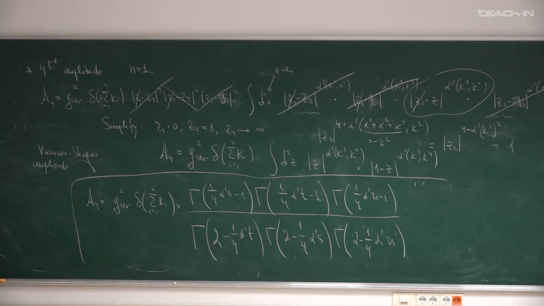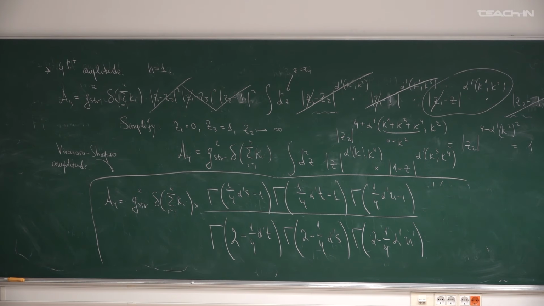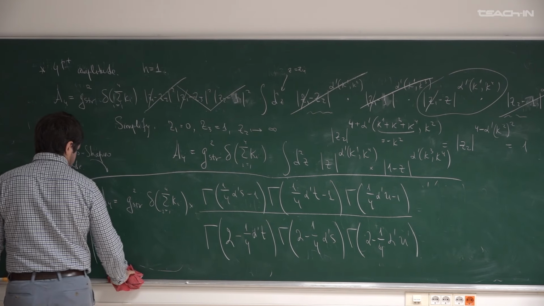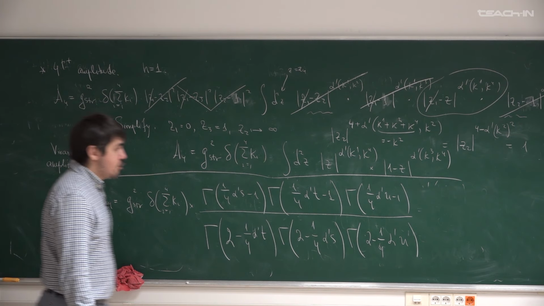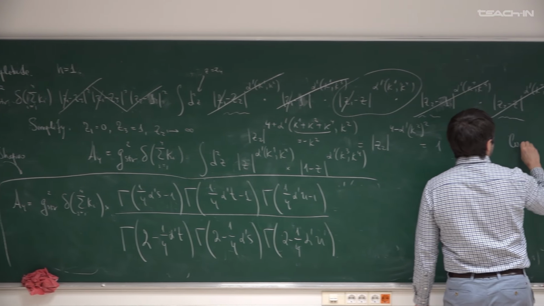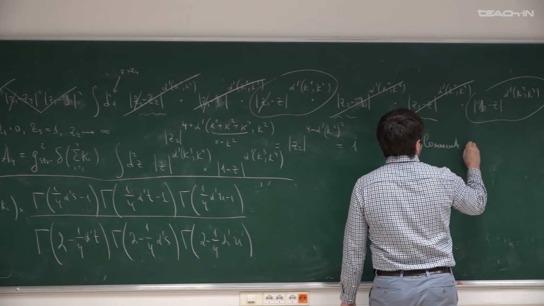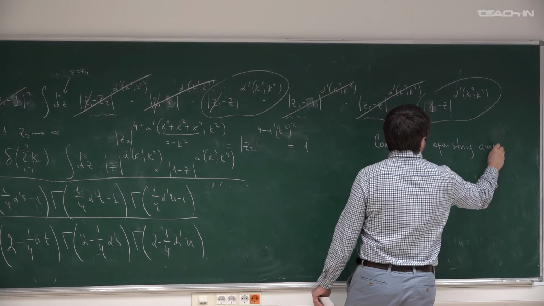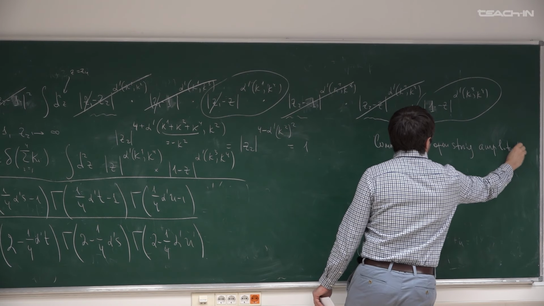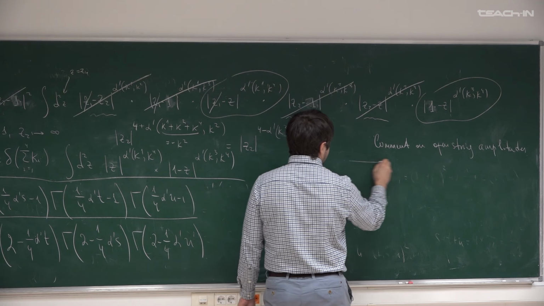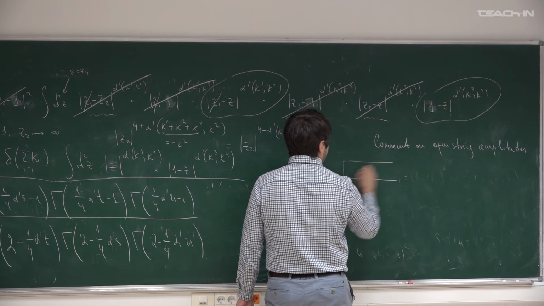I just want to comment on the Veneziano amplitude. We won't derive it here, but it's the same kind of calculation for open strings. So in case of open strings, your original free string was an infinite strip, right?